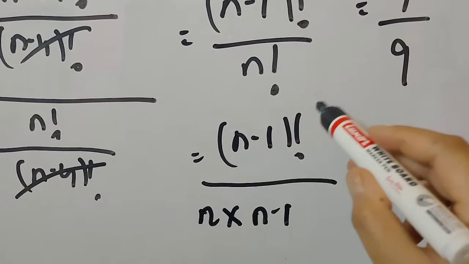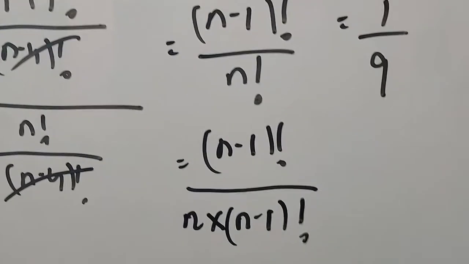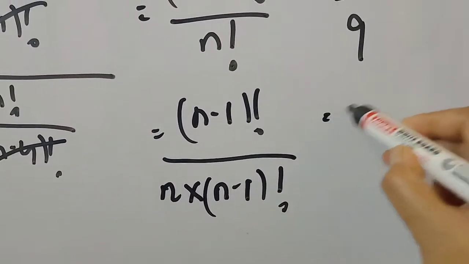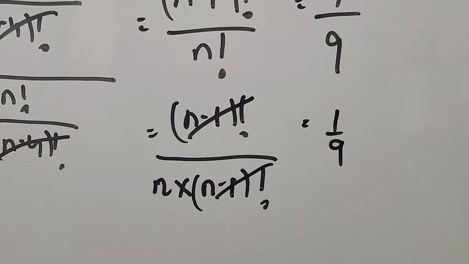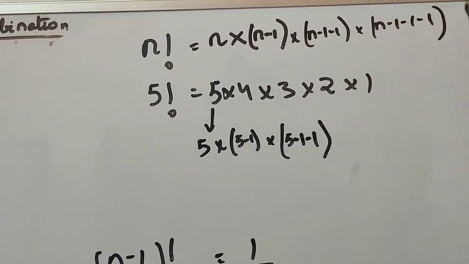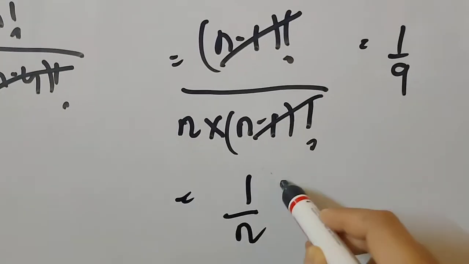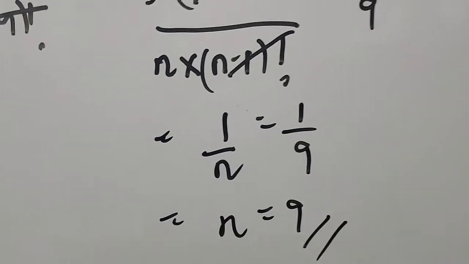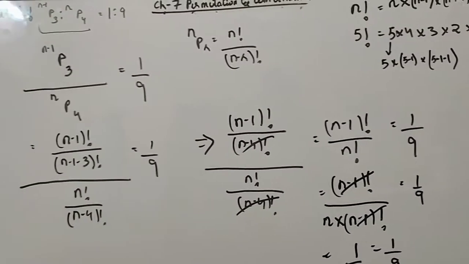I need (n minus 1) factorial, so if I want to stop opening the terms, I will simply put (n minus 1) factorial equal to 1 by 9, such that I can reduce this. Because I know how the n factorial formula comes up like this, I am left with only 1 by n equal to 1 by 9. That means my n is 9. I hope this one is clear to you.